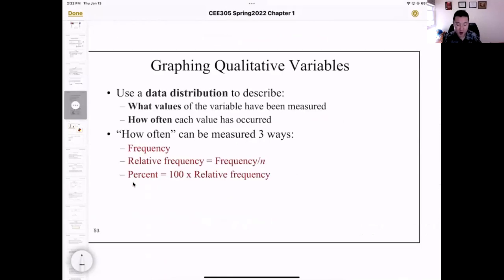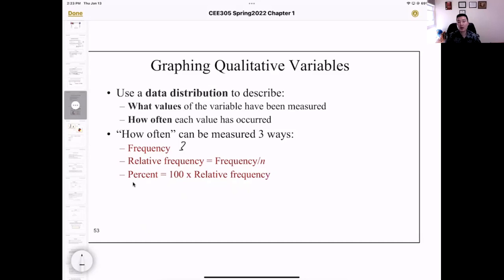So how can we graph qualitative variables? We can use a data distribution to describe what values have been measured and how often each value has occurred. For how often, we can use frequency. For example, if that value occurs 3 times, the frequency will be 3. Or we can use relative frequency, which is equal to frequency divided by n.